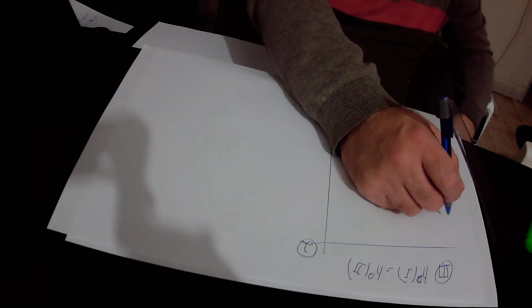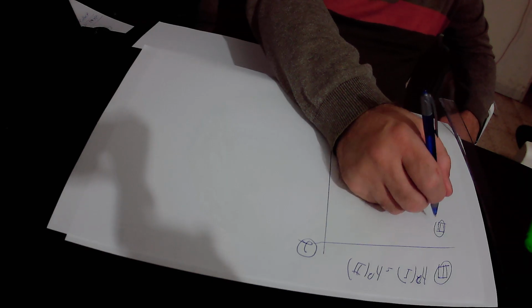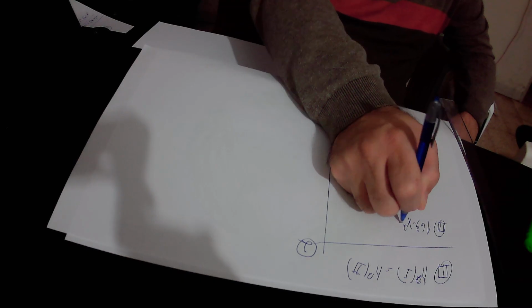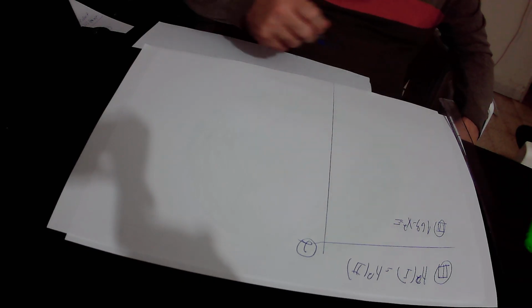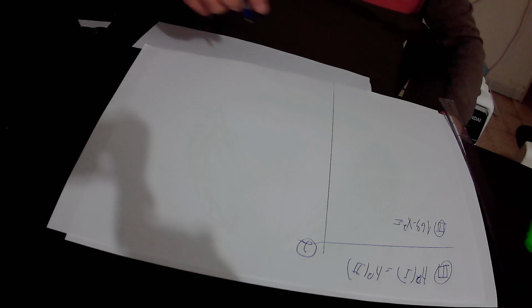H squared according to equation number 1 equals 169 minus X squared, and it must be equal to H squared according to equation number 2. H squared according to equation number 2 equals 225 minus 14 minus X squared.